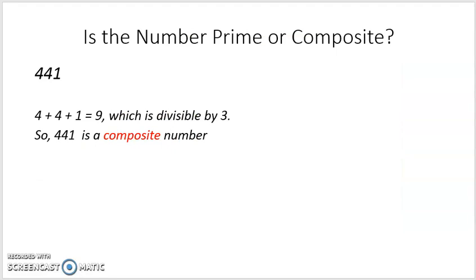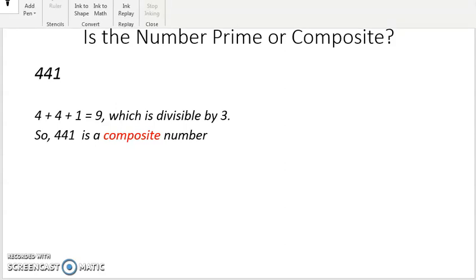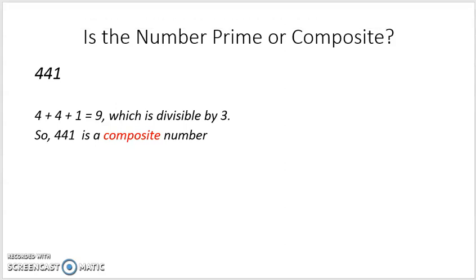The first number we want to examine is 441. In general, the question is the same for each of these: is this number prime or composite? This is a number where I wouldn't need to fully use the prime factor test, because knowing your divisibility rule, you might say 4 plus 4 plus 1, the sum of the digits, is 9. 9 is divisible by 3.